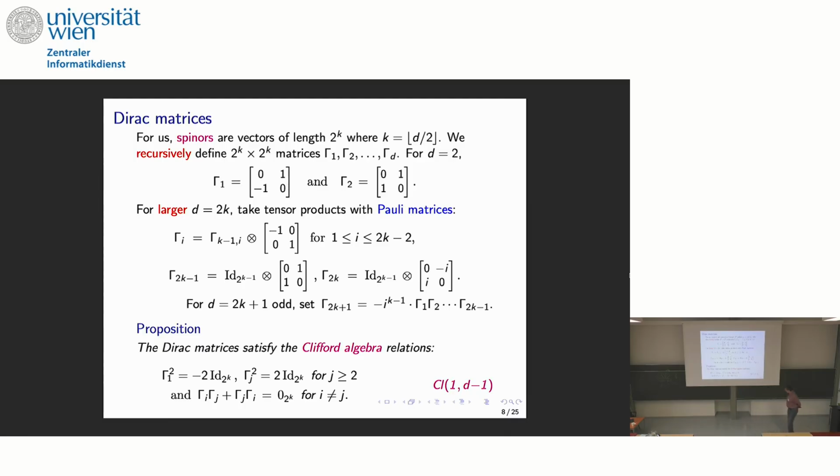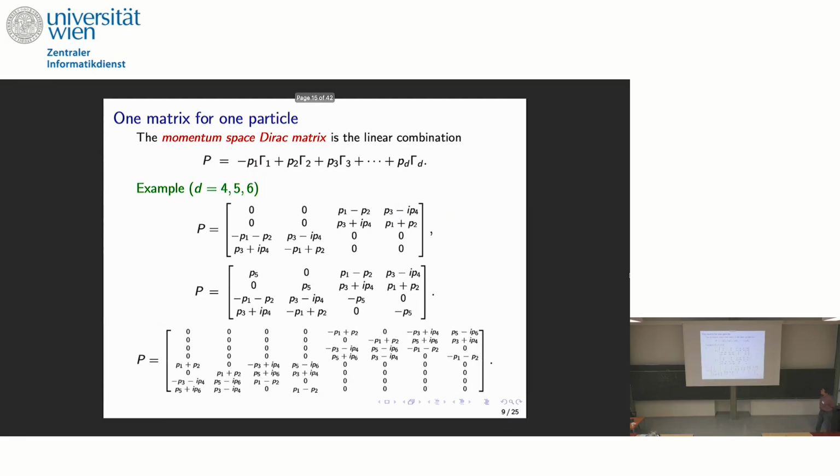Good. Let's do one more further. Now how we're going to sneak in momenta. One particle comes along, a single particle, and it has a momentum vector with coordinates p1, p2, up to pd.